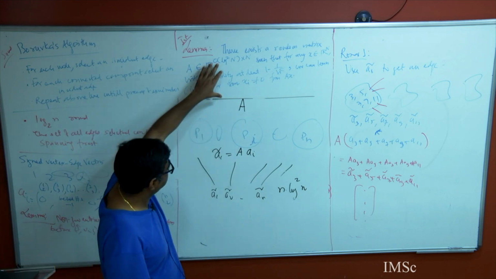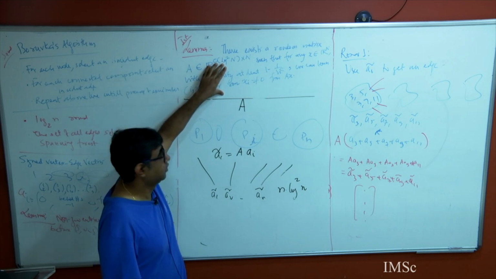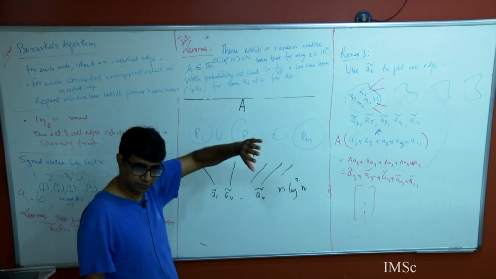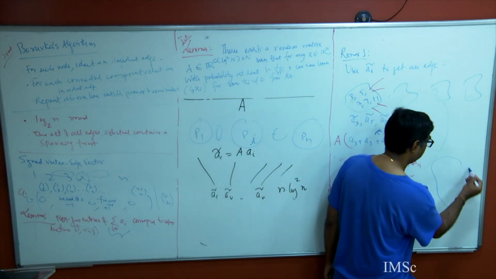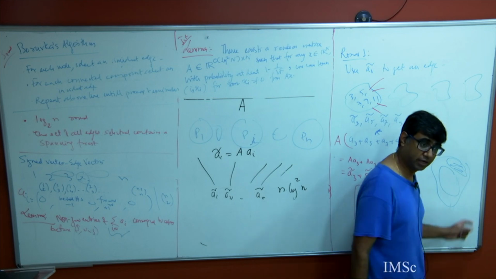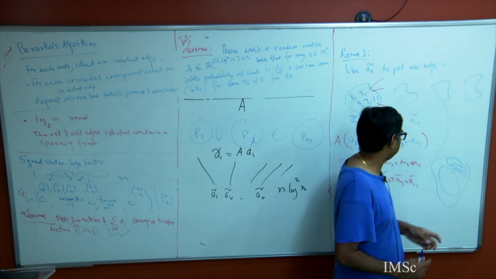Let's read this. It's not a deterministic algorithm. It fails on some set of vectors. There are lots of vectors, but there is some set on which, however small it is, it does fail.